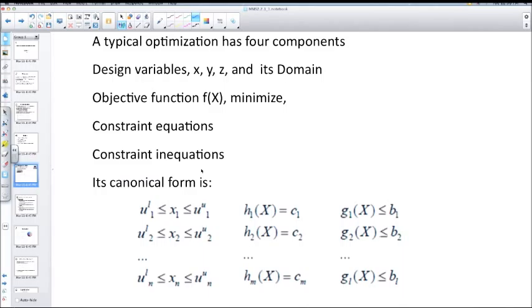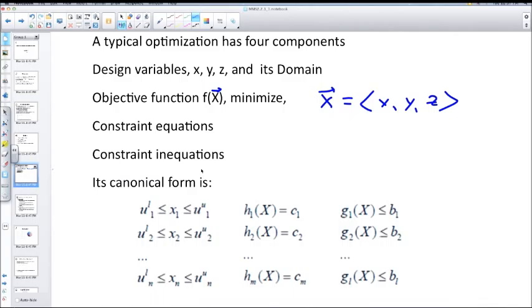Sometimes in business, we call them control variables. Next, you get your objective function f as a function of x, y, z. Typically, we're going to use the capital letter X as a vector. This X is x, y, z, and could have more variables.